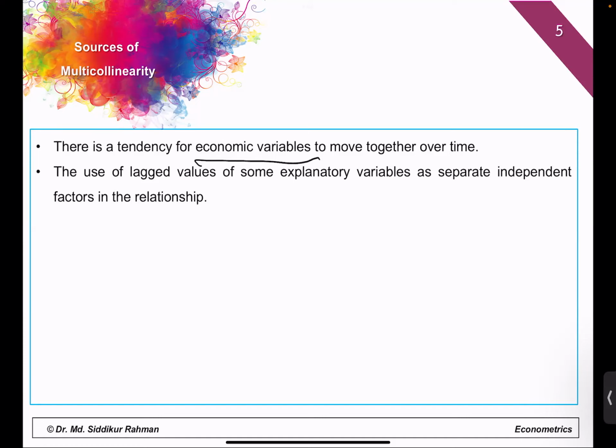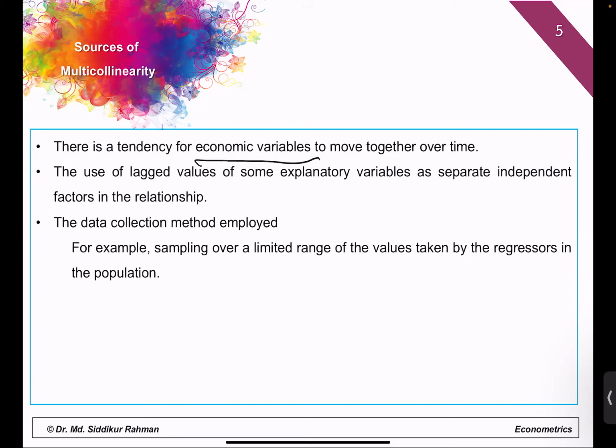The lagged value means the previous value compared to the current value, right? So when you consider lagged values of some independent variables as separate independent variables, in this kind of relationship you might face the problem of multicollinearity, right? Anyway, we can explain it later on.